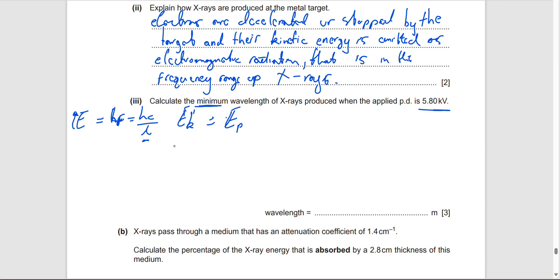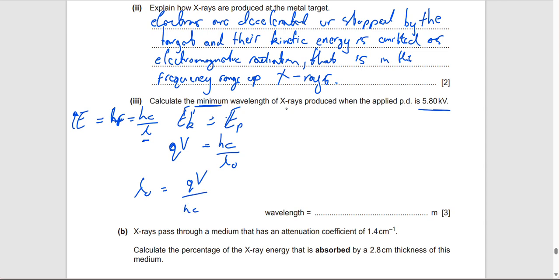Then we use QV for electrical work done in driving those electrons. It equals hc over lambda minimum. Alright, then we rearrange: QV over hc.